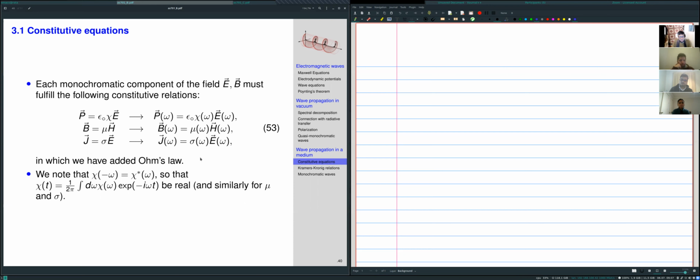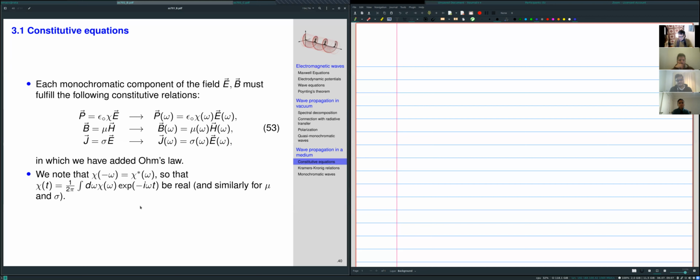Now we can say that these complex functions that relate B and H, etc., must be Hermitian, so that their counterpart in real space is real. So we have this hermiticity condition.